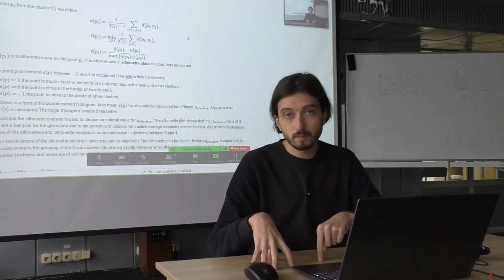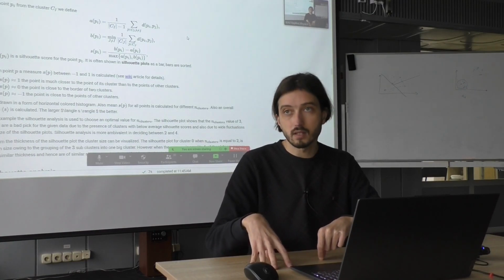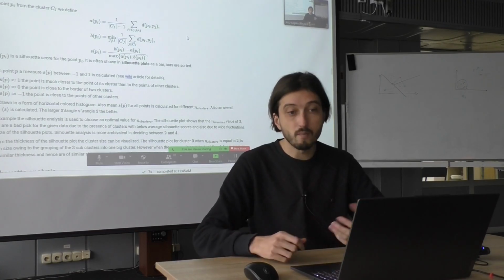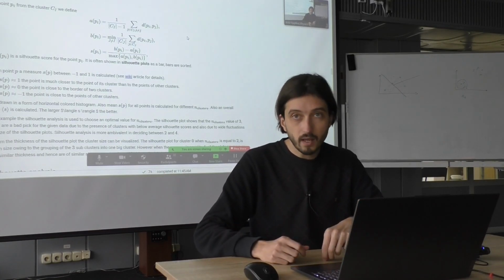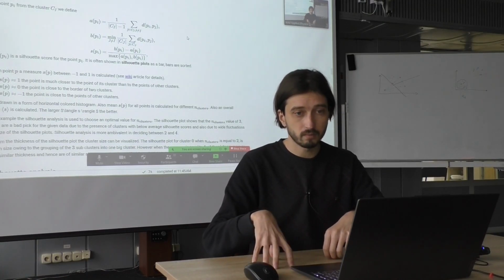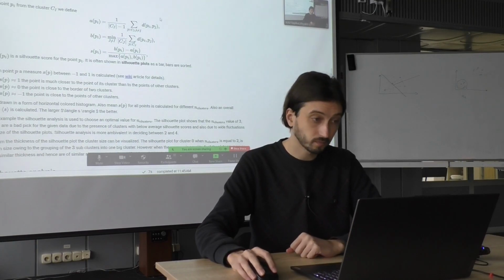So I'm taking some point, and I'm asking, okay, this point has some mean distance to the points of its own cluster. So how far apart are they? And there is some competing cluster that is close to this point. And I'm asking, what about the mean distance to all those points?